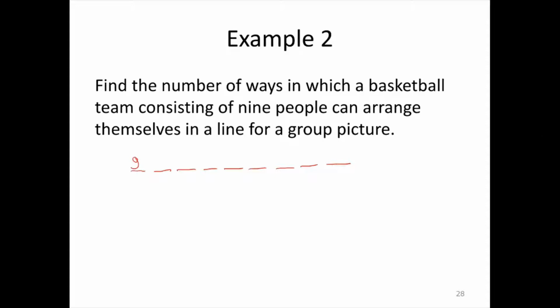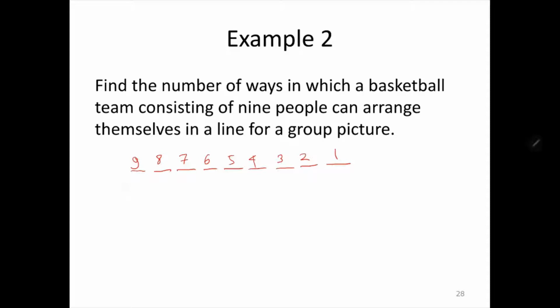What about the second position? Because one person already filled the first position, there are 8 ways for the second position. Similarly, 7 here, 6, 5, 4, 3, 2, 1. And again, we can use the multiplication principle to count the number of ways of arranging this line for the group picture.